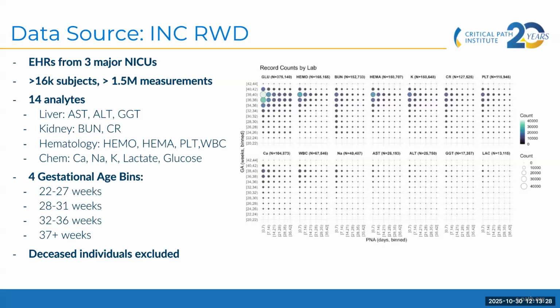Initially, we only had 3 gestational age bins, and then we got feedback from FDA and INC members that we really wanted more, so we were able to create one more. And this is something I can get into later on, but there's a different modeling approach where we can treat gestational age more as a continuous variable instead of as a binned grouped variable.